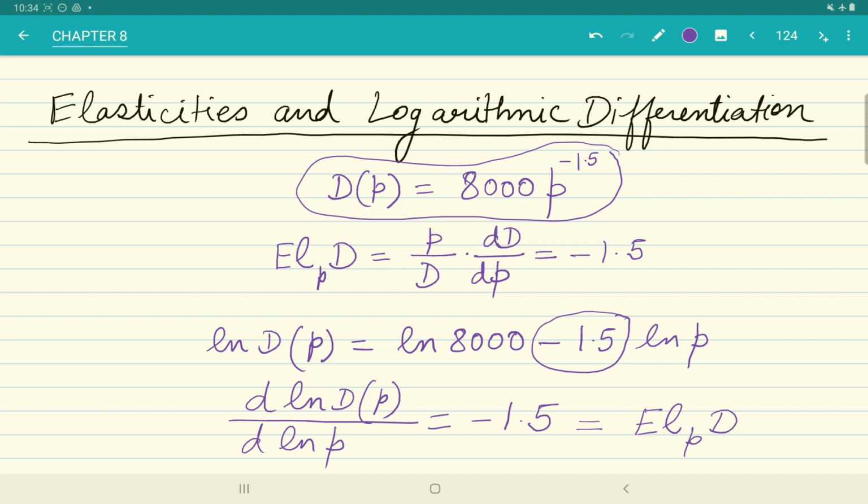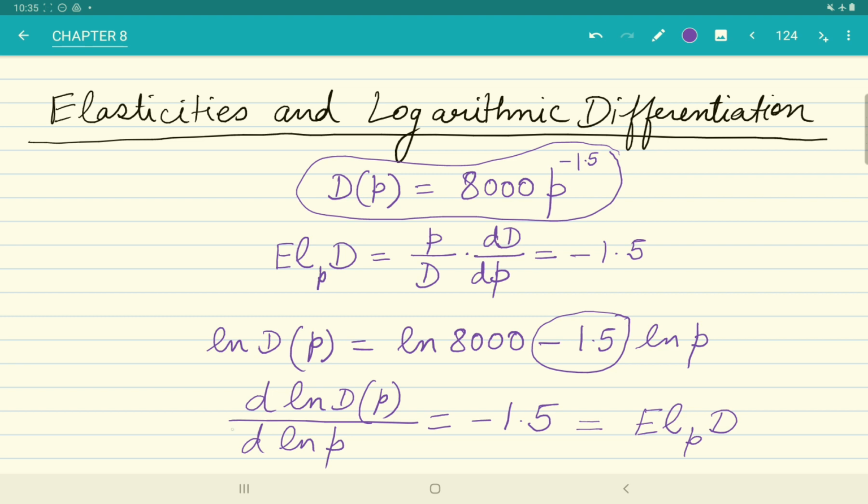In other words, when we differentiate ln D with respect to ln p, we get the elasticity of demand with respect to price. This is the logarithmic derivative, also called the double logarithmic derivative, precisely because we are differentiating ln D with respect to ln p.